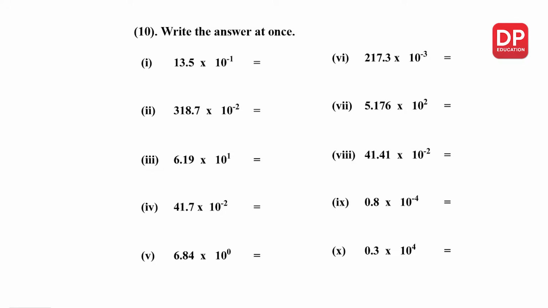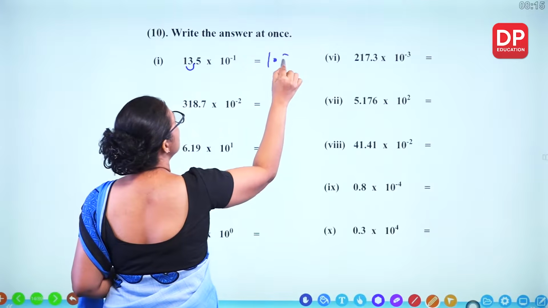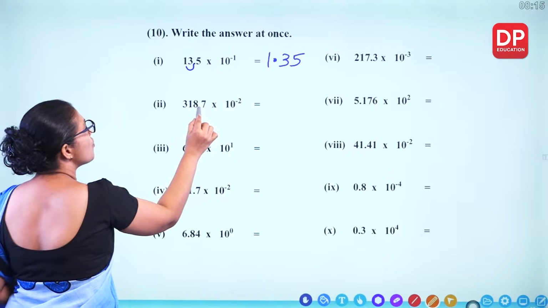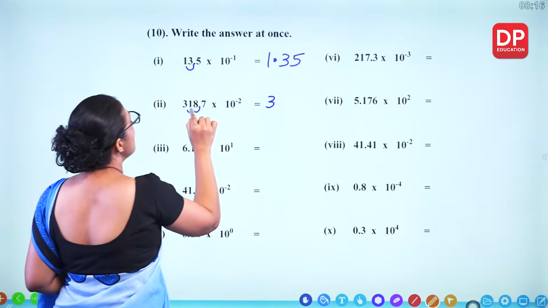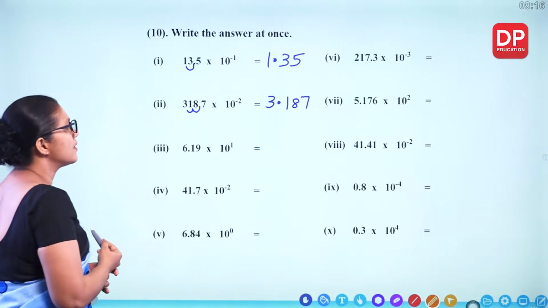Write the answer at once. 10 to the power -1 means 1 place to the left. 1.35. 10 to the power -2, 1, 2, 2 places to the left. 3.187.